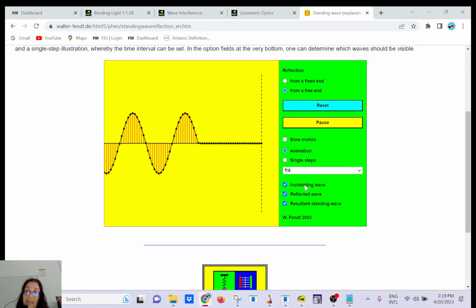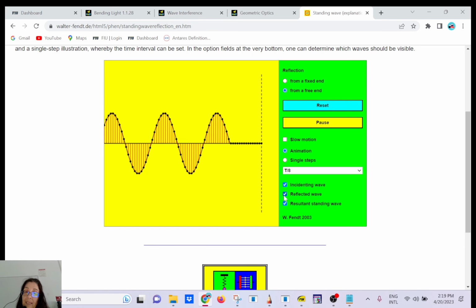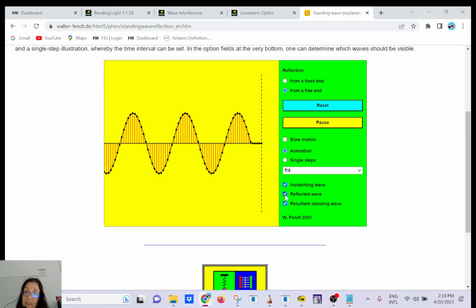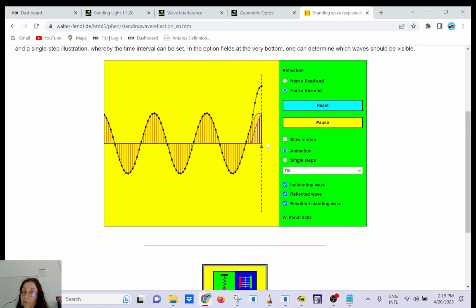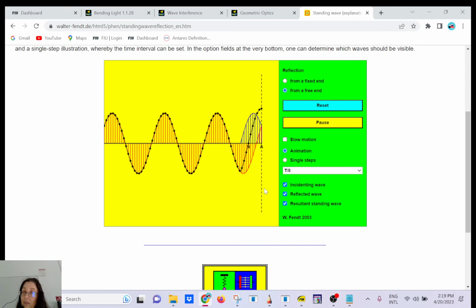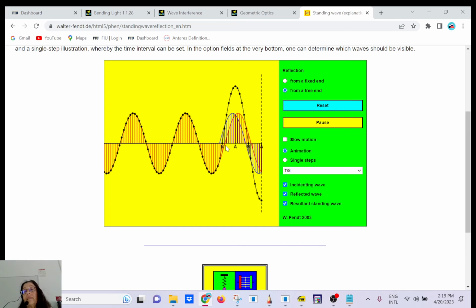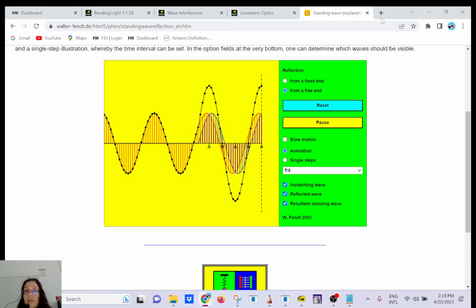So this is the incident wave, and then there will be one that is reflected. So you see here, that's your clarinet, because one end is free to move, but I still get a standing wave. See how it works?